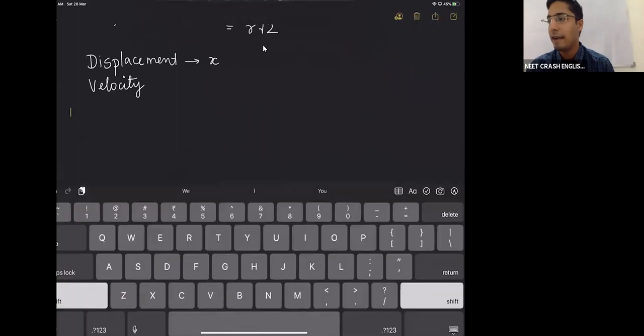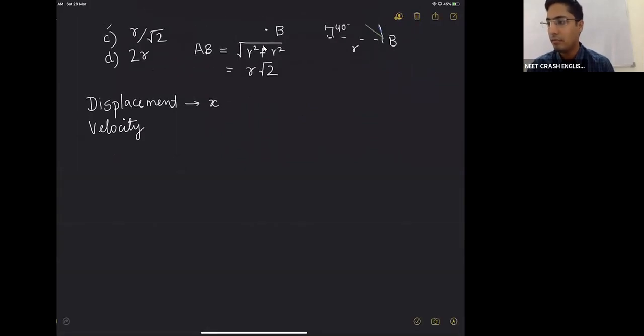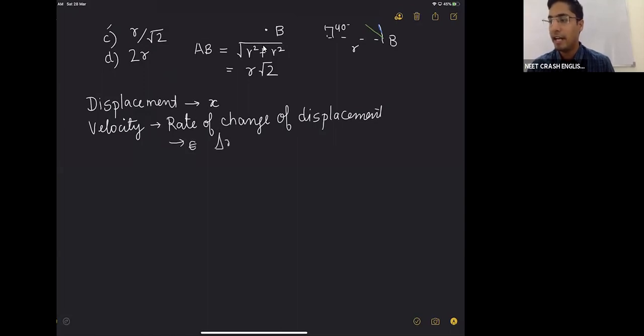Velocity is defined as the rate of change of displacement. It's denoted by delta x, which is the change in displacement, divided by delta t, which is the change in time. So rate of change of displacement is the velocity.